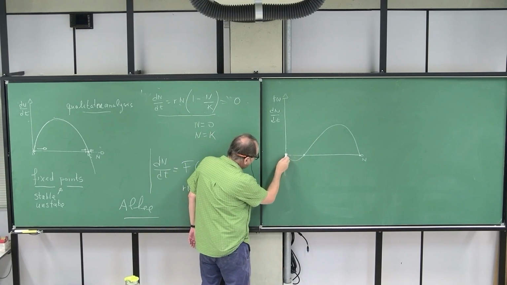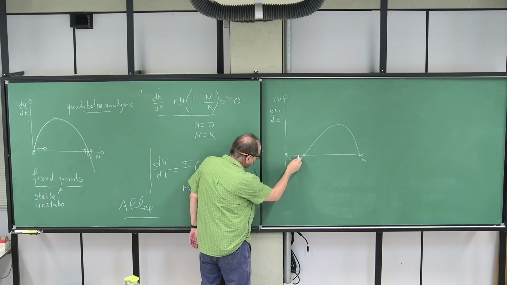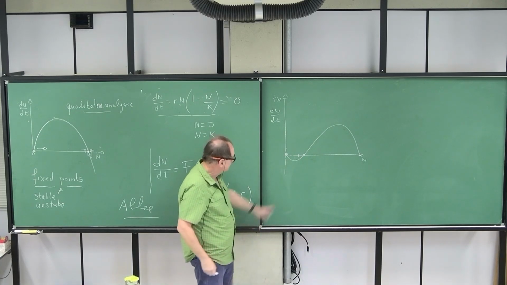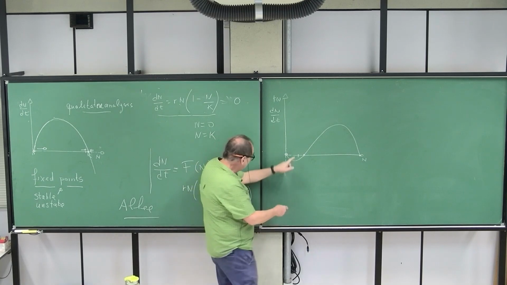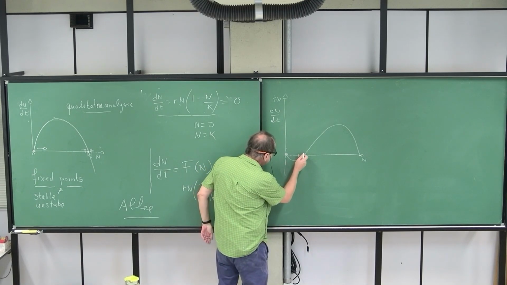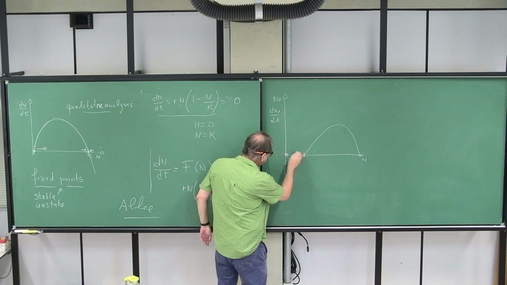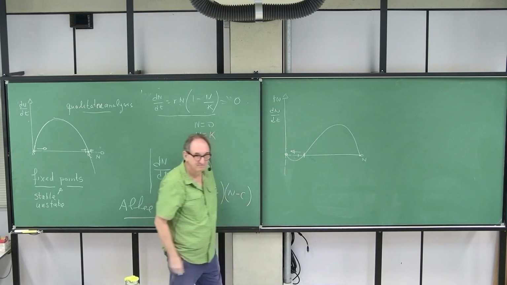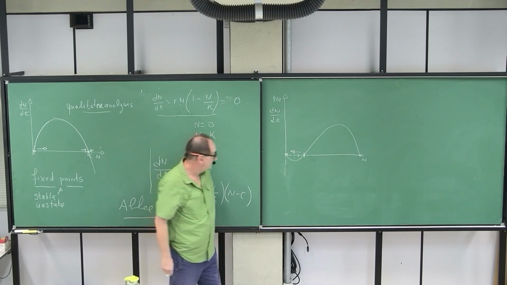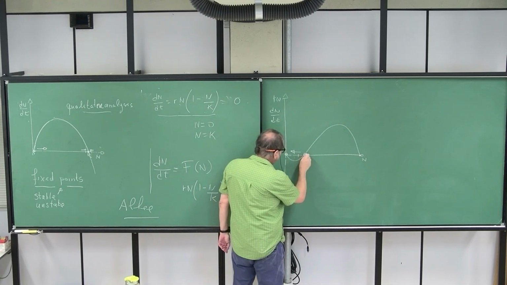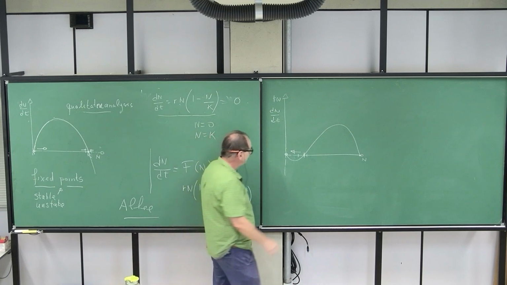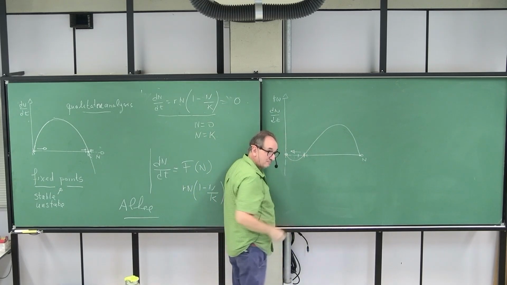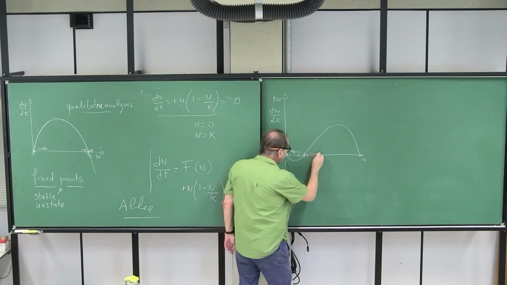And even if I introduce a larger perturbation, anything that starts below this point goes this way because the derivative is negative. Now, anything that starts at this point has a positive derivative, therefore it will go this way.